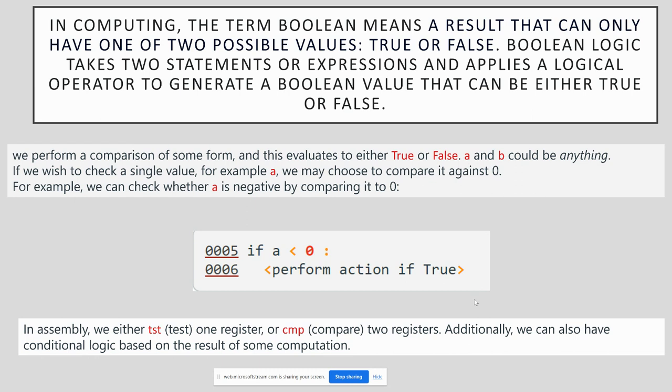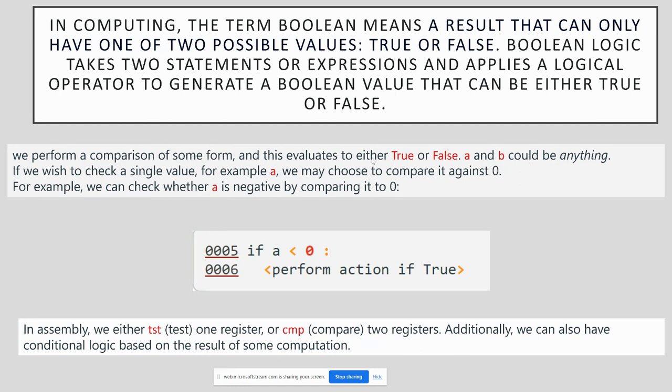So Boolean is a data type. Just like we have, for example, a name. This data type is string. For example, 5, this data type is integer. So we perform a comparison of some form, and this evaluates to either true or false.